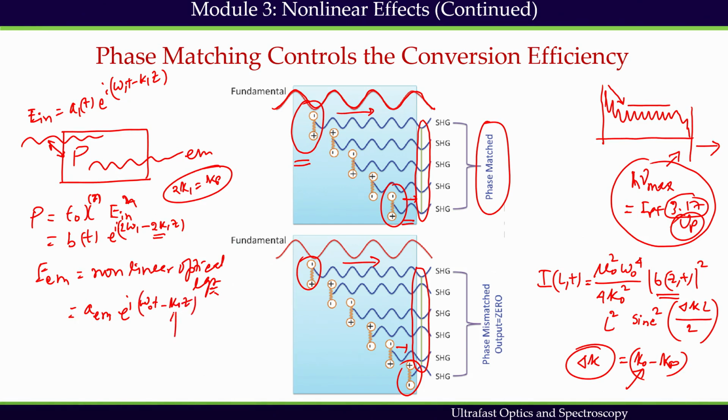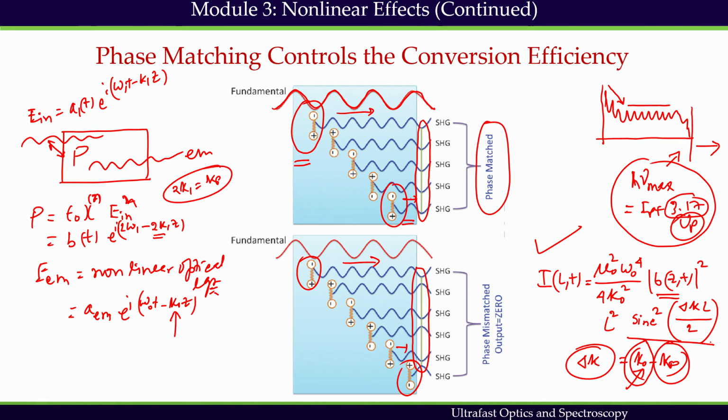So this K naught is the wave vector of the emitted beam and Kp is the wave vector of the nonlinear polarization. So these are the expressions we have seen, and L is the distance traveled in the medium.